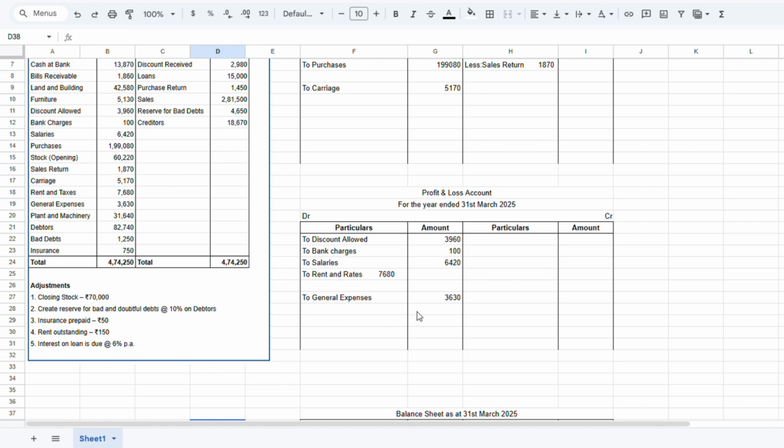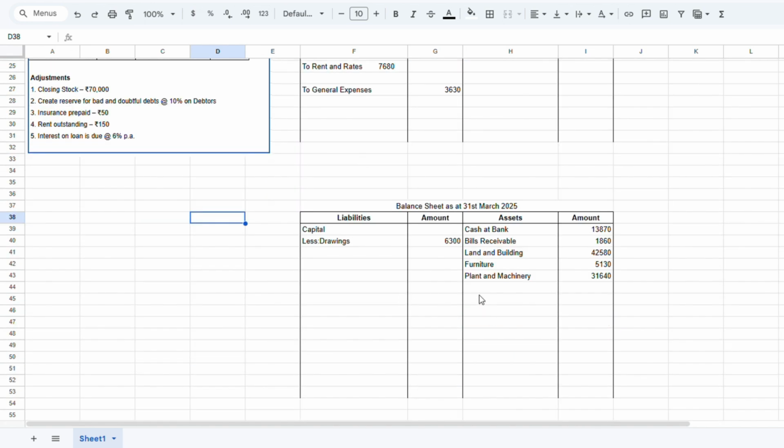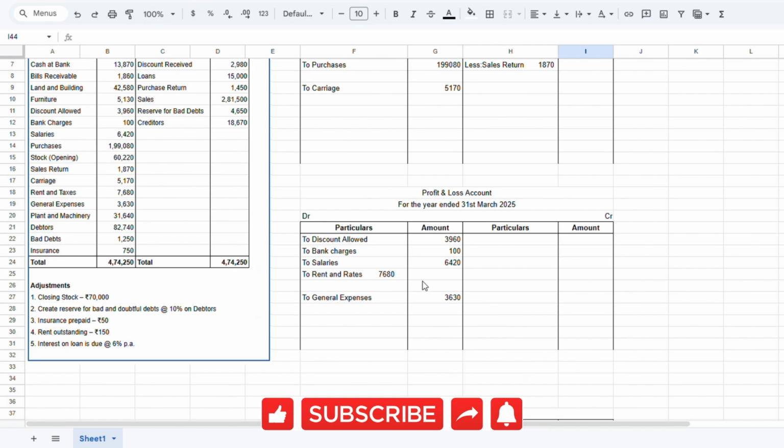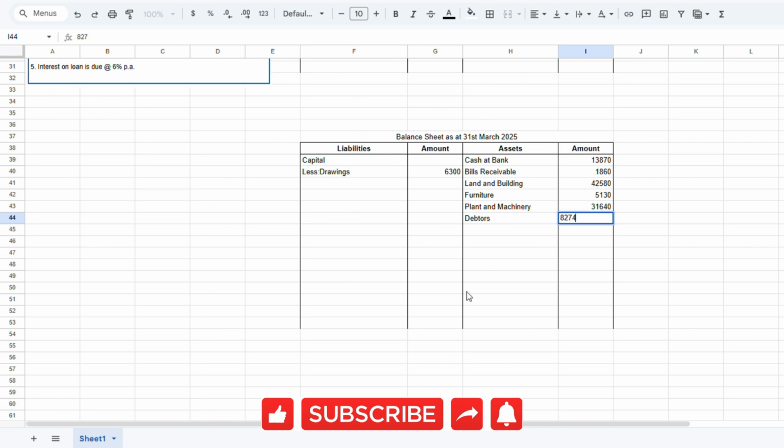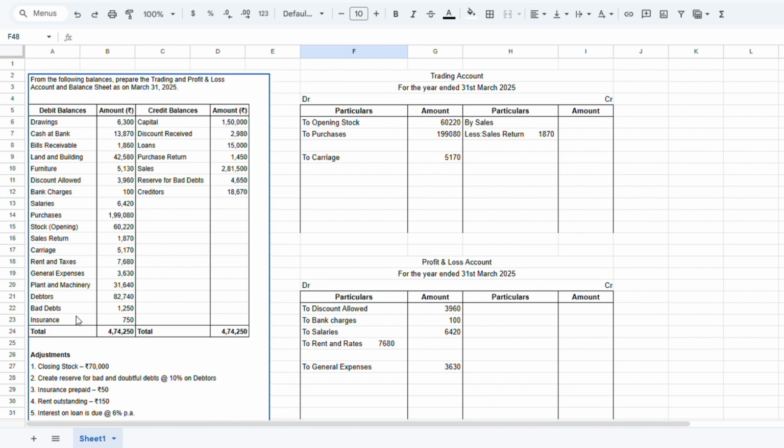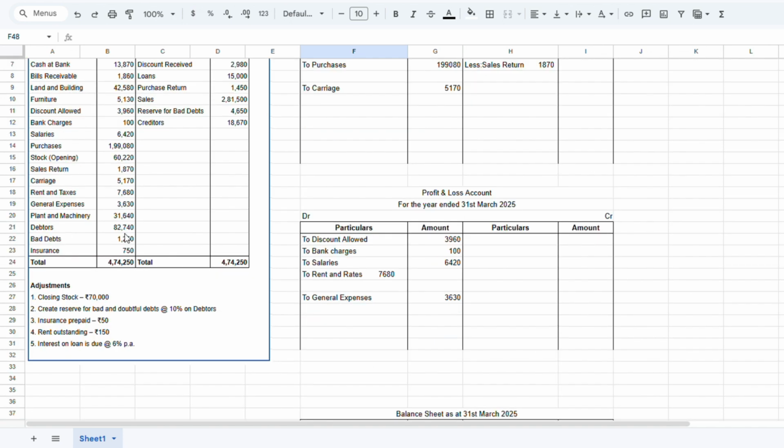They are our debtors. So, balance sheet asset side, debtors 82,740.